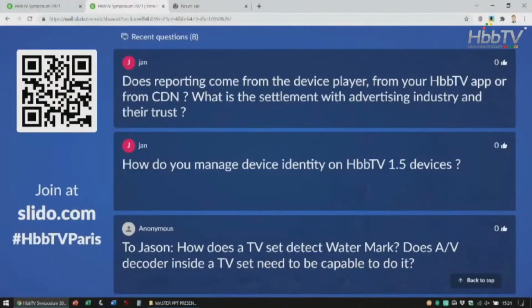Okay, thank you. Specific question to Jason. How does a TV detect a watermark? Does the AV decoder inside a TV set need to be capable of doing it? It's a good question. Verance offers a small software kit to television manufacturers. They install the software, and then they are able to detect both the audio and the video watermarks. So it is a process of working with television manufacturers.